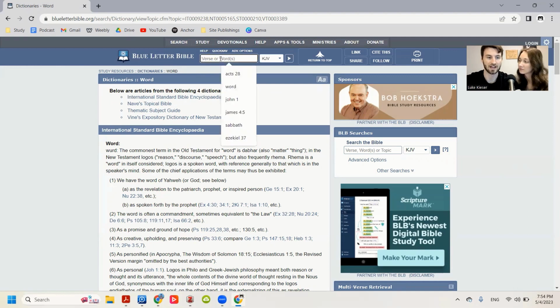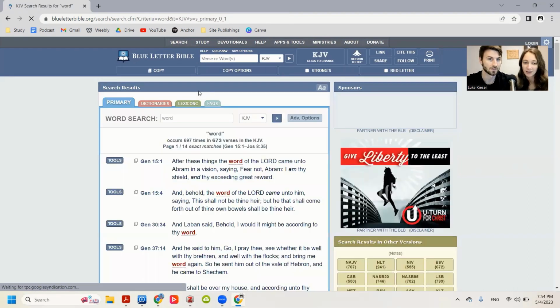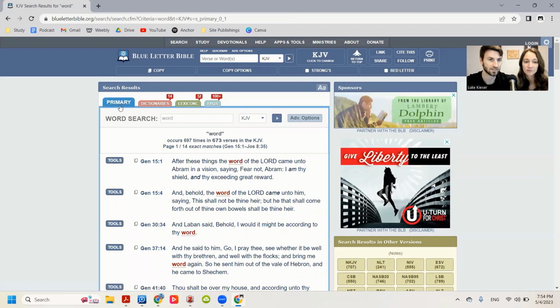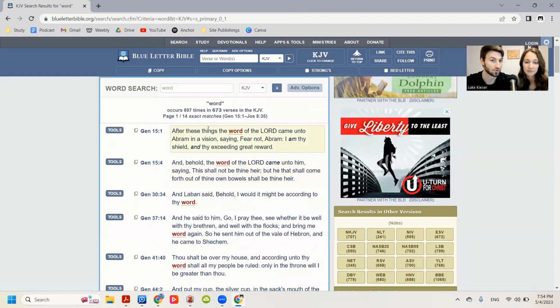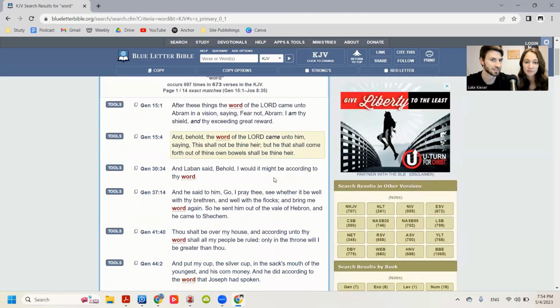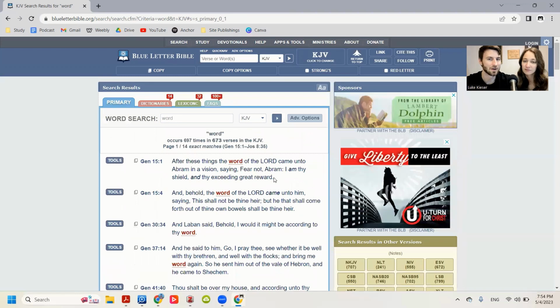Another thing that they have is if we just search word in the search bar. No verse or anything. No verse. The first tab that it gives you is everywhere where word occurs in the King James. The English word. The English word of word. Which is helpful if you're maybe doing a topical study, but there's not a one-for-one match.